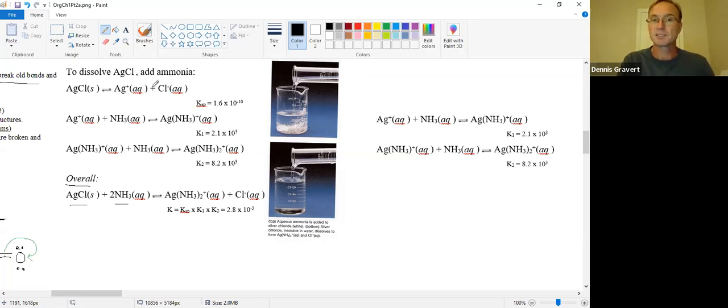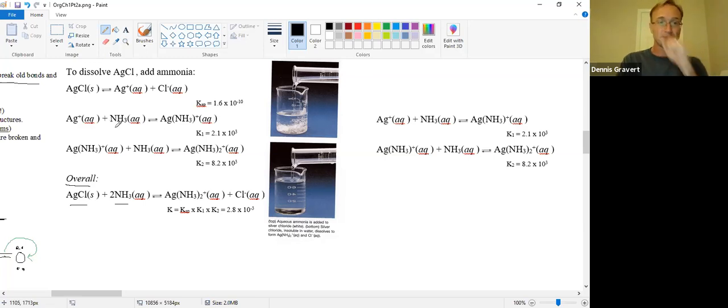It can go back between solid and aqueous. Looking at the equilibrium constant with a negative exponent tells us the reactants are favored. So this doesn't happen too much, but a little bit does. And so there's a few silver ions and a few chloride ions in solution.